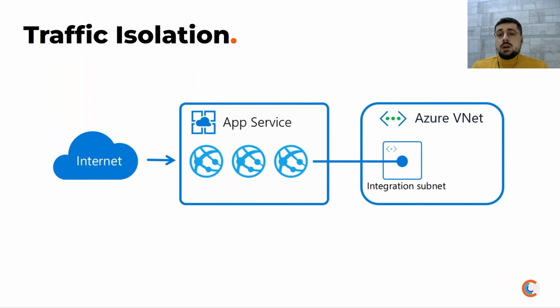And here is another thing. This integration is one way. So for inbound traffic, to be able to access your application privately, you'll need to use another feature that we'll describe in a minute.